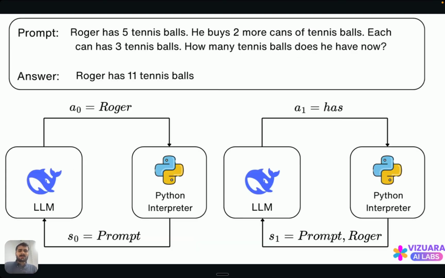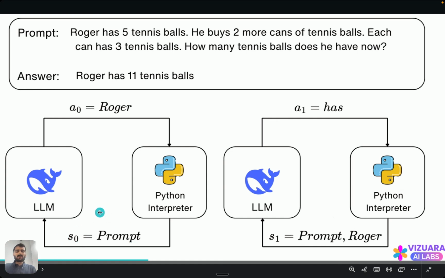Let's consider a specific example. Let's consider the prompt: Roger has 5 tennis balls and he buys 2 more cans of tennis balls. Each can has 3 tennis balls, and the question is, how many tennis balls does Roger have now? Now, the information which the agent has received is the prompt. So, the first state, which is S0, is just the prompt.